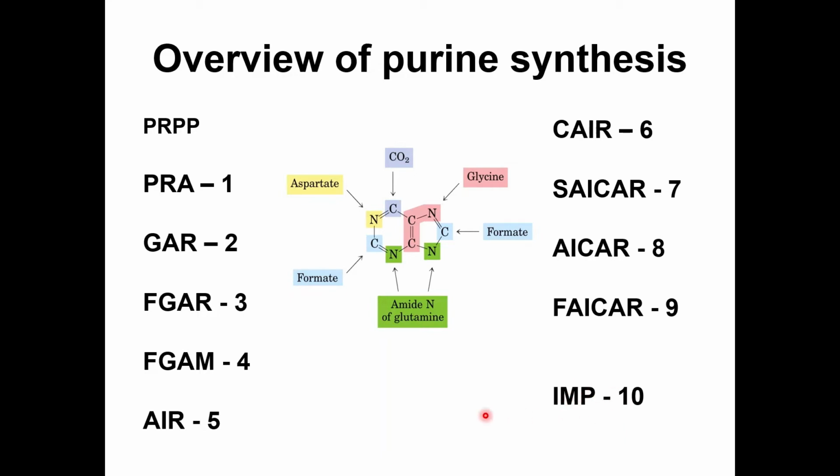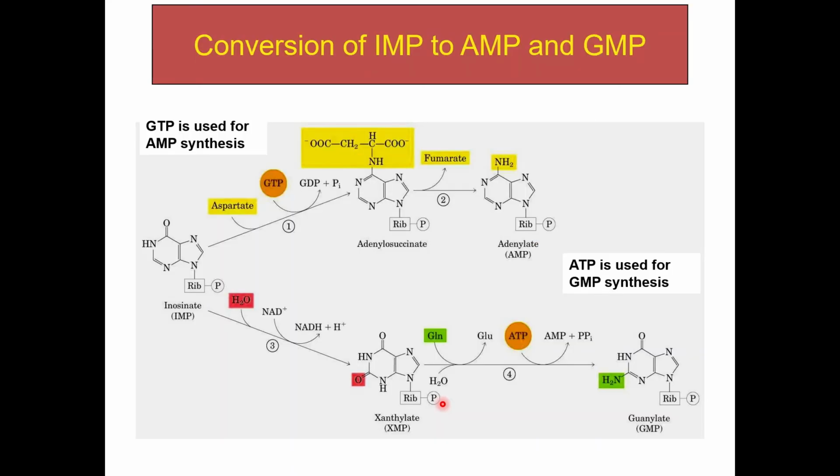Now from IMP to AMP and GMP, as we do not want IMP, we want AMP and GMP. For conversion from IMP to AMP, the amino group of aspartate is first linked to IMP to yield adenylosuccinate.